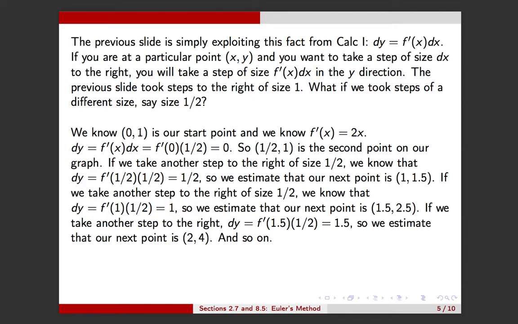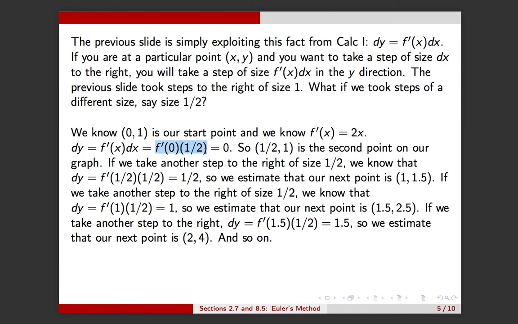So 0, 1 is still our start point, and we still know that the derivative is 2x. If we're at 0, 1, and we take a step to the right of size a half, I'm just going to use this formula here. f prime of 0 goes here. The change in x, so the x step size, goes here. So you're multiplying by a half. If you plug in 0 into the derivative, you get 0.